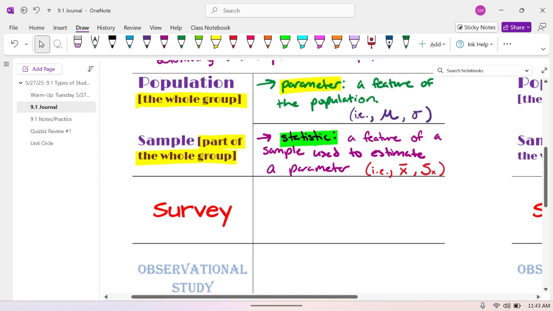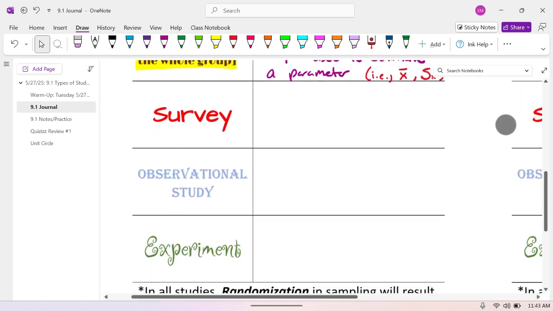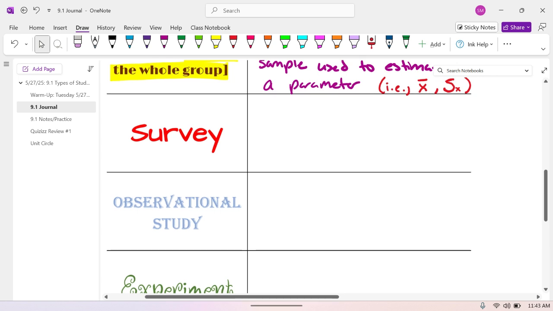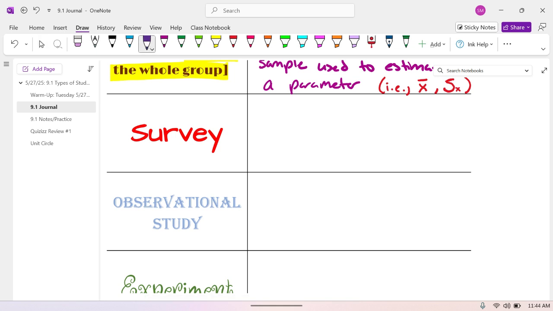All right. So, from there, we have our different study types. Some of these you're probably familiar with. The first one that we have is a survey, which is probably the most common type of study. Typically with surveys, it's a list of questions answered by participants in a study.